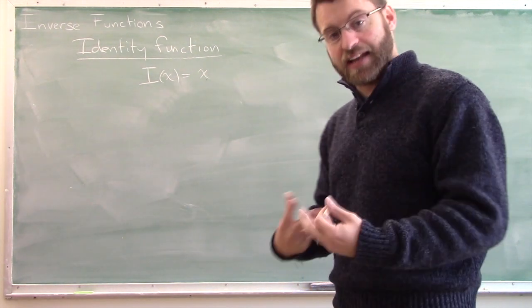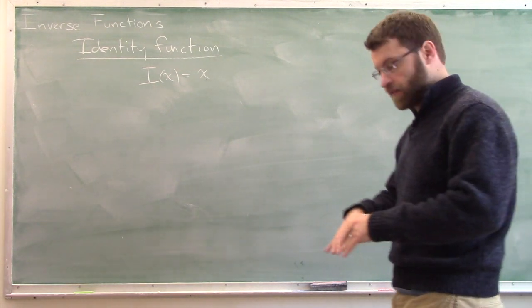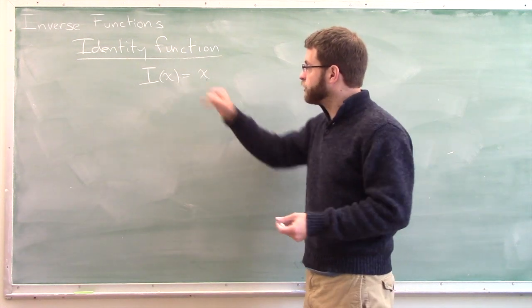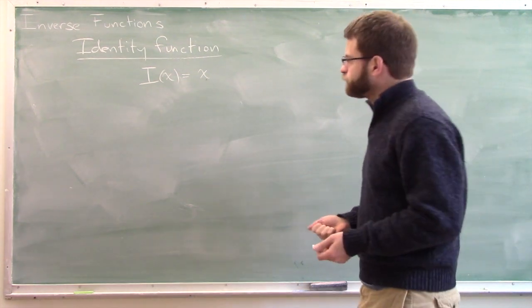That will leave anything that you give it as input alone. It doesn't change anything. It just passively allows that thing to pass through, to turn from an input into an output. So this is what we're going to use as an identity function.